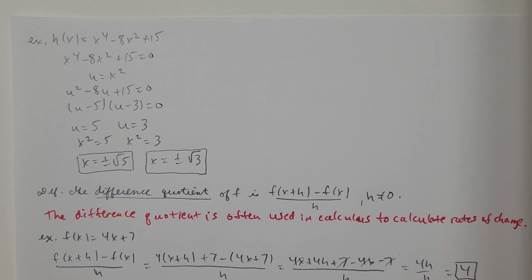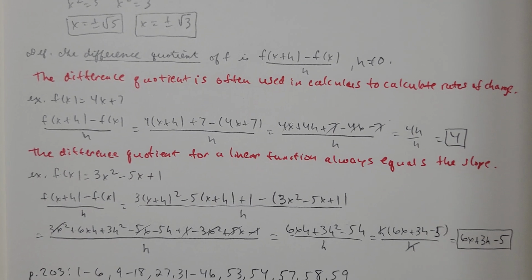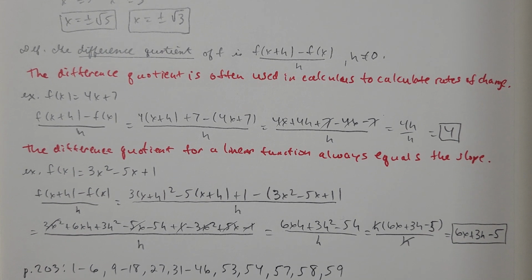By the way, I had a degree 4 polynomial. There's a connection going on there. And again, we'll talk about that later. All right. The last thing in this section is some information with the difference quotient. The difference quotient is a really important formula that you do a lot within calculus.